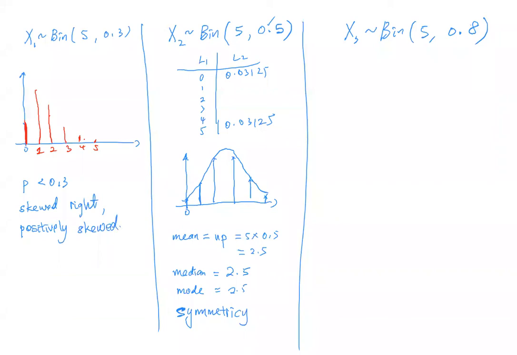If p is more than 0.8, most of the data is moved to the right, so we call this skew left. Can you please do that? You just need to clear your L2, the same thing.